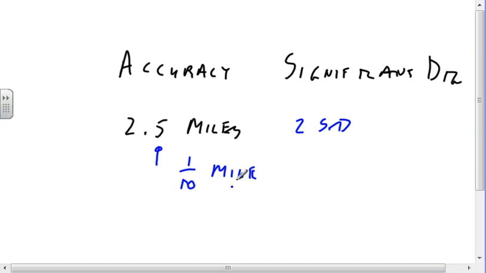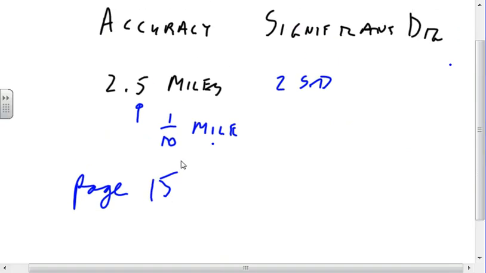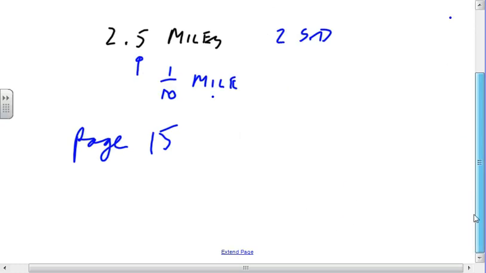Now we have rules for significant digits. So on page 15 of the text, we have some rules dealing with significant digits. And rule 1 says all non-zero numbers are always significant. So if I had 1, 2, 3, 4, then each of them would be significant, and I'd have 4 significant digits.